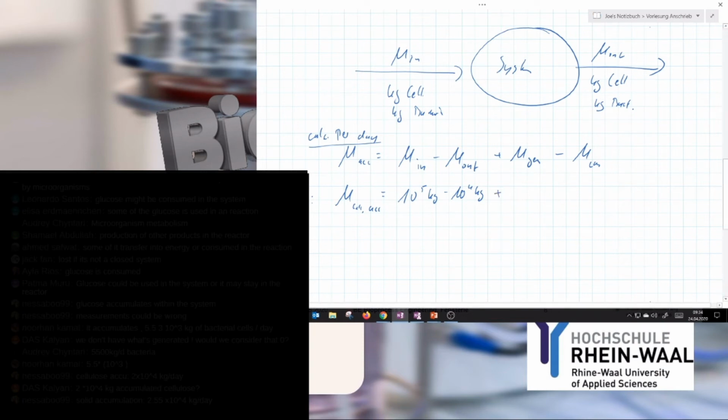And the good thing is you don't forget anything. You have here your M generated and consumed and so on, and you check whether something is generated in your system. If you find a value here, you will of course put it. Nothing is generated, we didn't find anything, so you put here a 0 kilogram. Please don't just leave it out, put a 0.